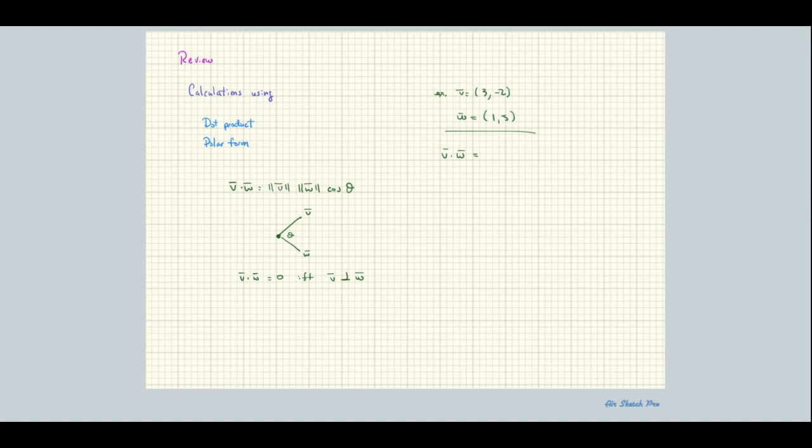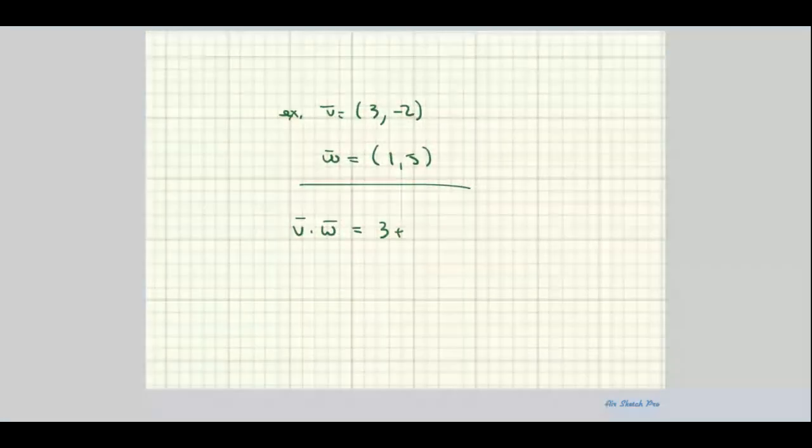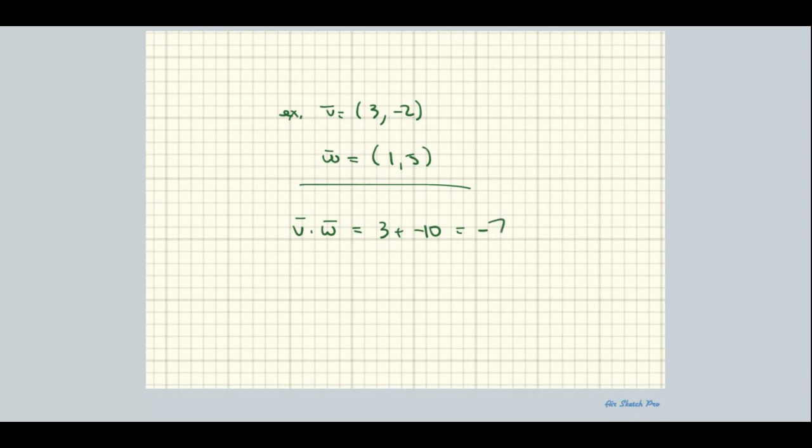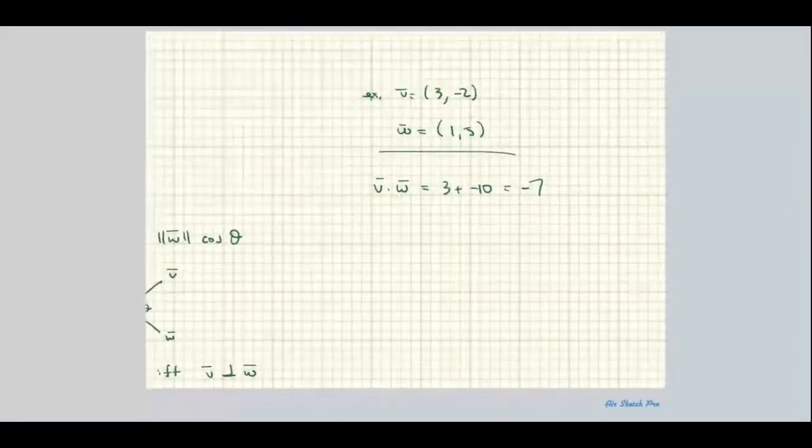But this one, the dot product, takes you from two vectors back to a scalar. So you multiply, and then add them together. So it's 3 plus negative 10, which is negative 7. That's what's happening. So there's v dot w.